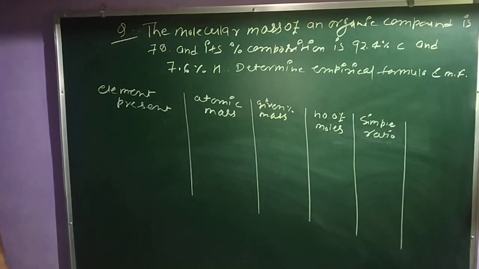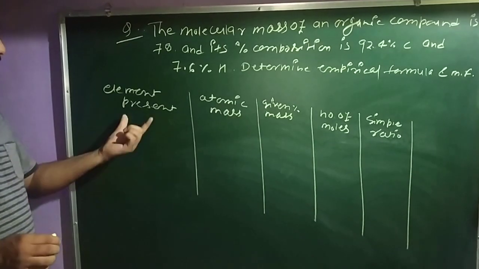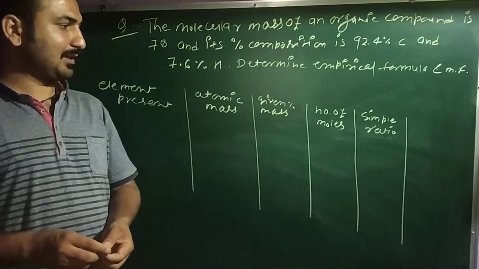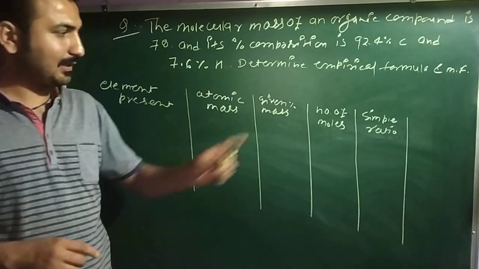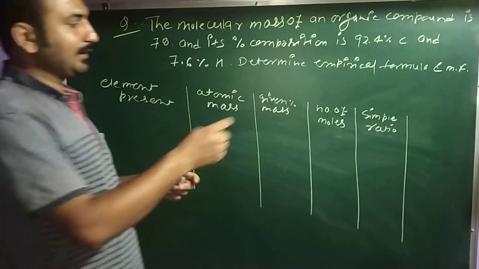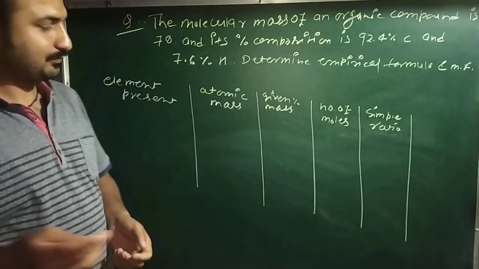So you have 1, 2, 3, 4 and 5 steps. The first, the element present. Second, atomic mass. Third, given percentage mass. Then next, number of moles, and then simple ratio. And then we can make another table called the simple whole number ratio.